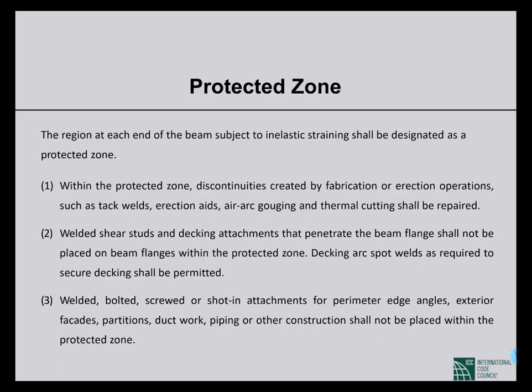The region at each end of the beam subject to inelastic straining shall be designated as a protected zone. Within the protected zone, discontinuities created by fabrication or erection operations, such as tack welds, erection aids, air arc gouging, and thermal cutting, shall be repaired. Remember, in the protected zone, where we want inelastic straining to happen, we don't want any kind of brittle failure.